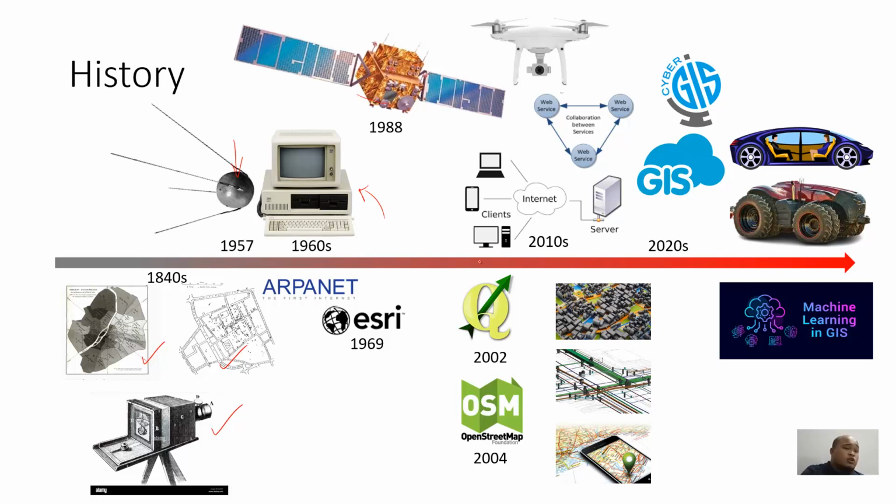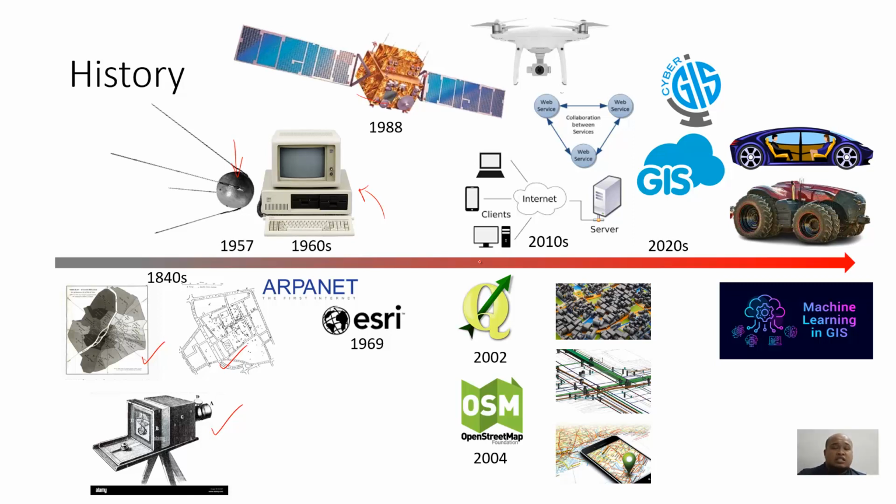Before that, the computer systems were very huge. Not everybody had their own computers, so there were no personal computers back then. But in the 1960s, the GIS started to grow mushroomingly, right?